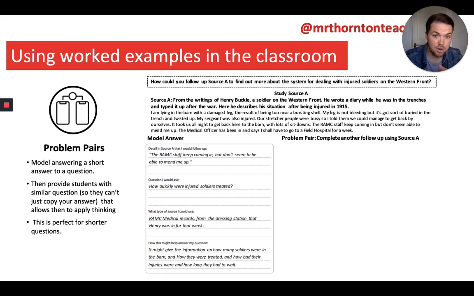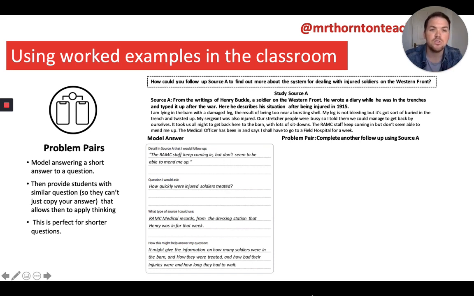So I've done a model answer on the left here, this one about the RMC staff, and I will ask students to do another follow-up question based on the same source. So they're still having to use the same type of skills, the same source, but I want them to write something slightly different. But they can see here from the work we've been doing that the question I've asked links to the detail, and the source I've used is explained.